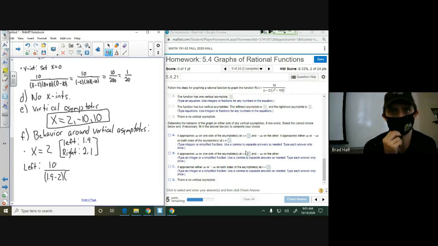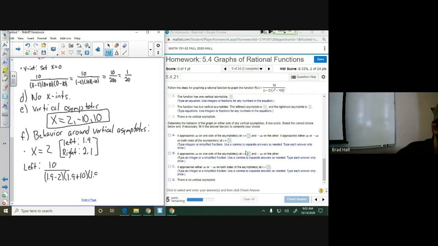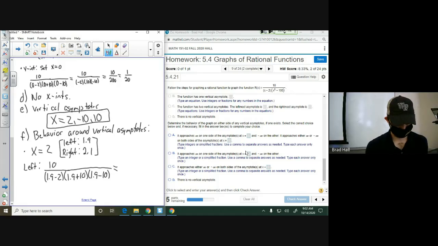And really, I'll just go ahead and plug it in as is. So if you plug all of this in, it's 1.9 plus 10, 1.9 minus 10.